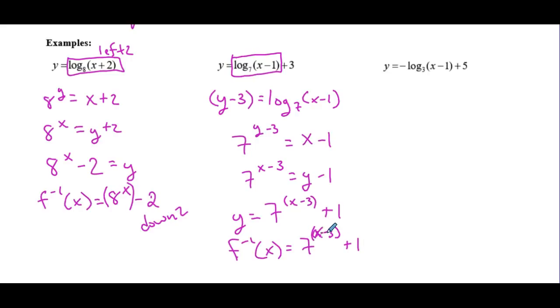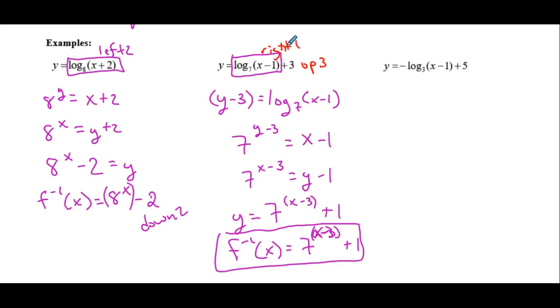Write that a little neater. All right, and that is my inverse, right? And again, we can talk about these translations. What's happening here? Well, this was right 1, up 3.